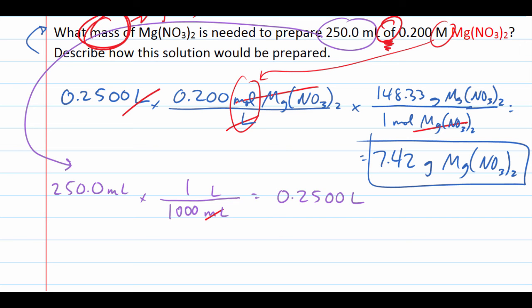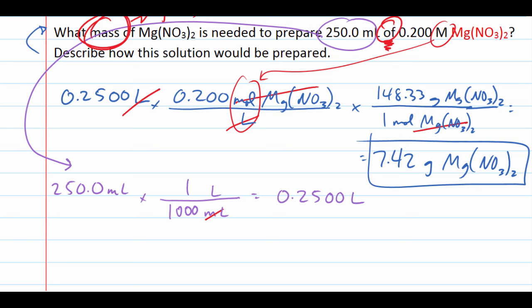Are we going to need volumetric flasks, or will we need a graduated cylinder? We need the volumetric flask, and specifically we need a volumetric flask that measures 250 milliliters. So if we're going to use this volumetric flask, then we go back and we see how much of the various things that we will need.